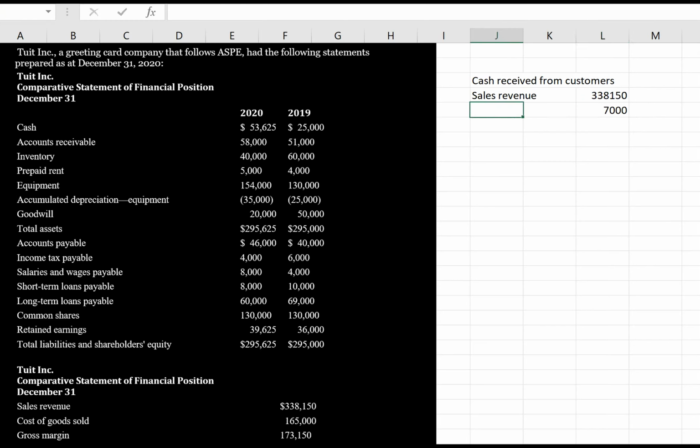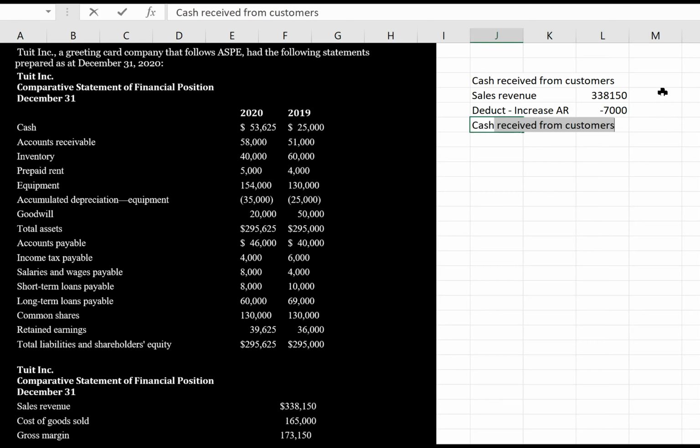And we're going to deduct an increase in AR. And the reason why is because the more AR that we grant, the less cash we're going to have, because AR is us allowing our customers to pay us later. And what we want is for them to pay us now. So we are going to make this into a negative. So we're going to deduct 7,000.